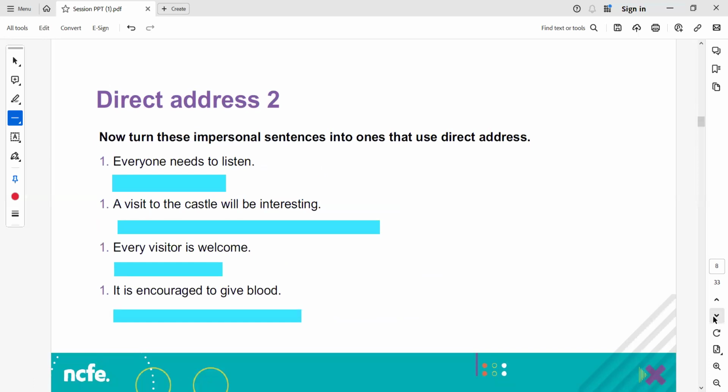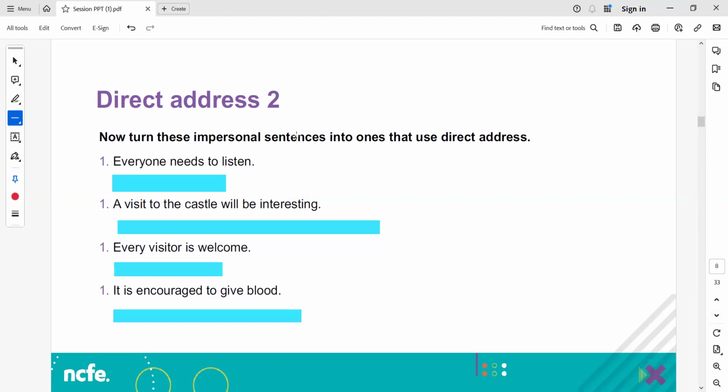Okay, so we've got some sentences here, and I want you to change them by using direct address. So number 1, everyone needs to listen. How could we rewrite that using direct address?